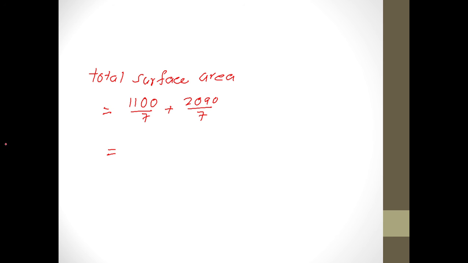So you have 3190 over 7, and this one you can change to decimal, 455.71 centimeter square. Okay, I will continue for questions B and C in the next video.